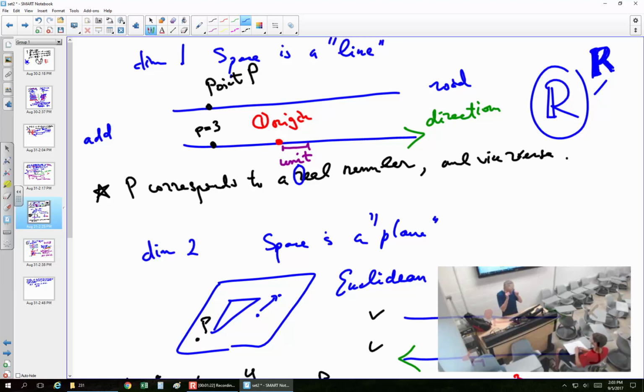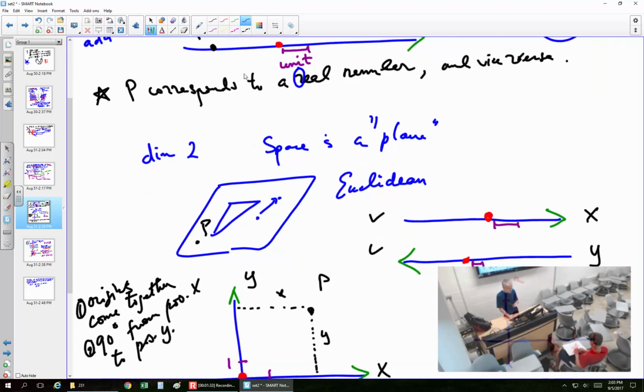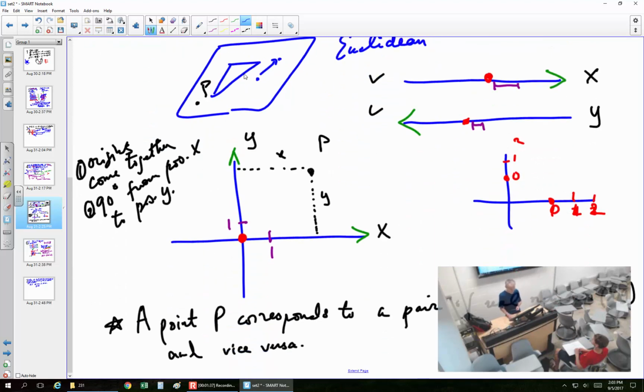So R stands for real numbers, and as you proceed to higher dimensions, there's a plane, and every location on the plane is associated with a pair of real numbers. That's why we use the notation R2. So the plane is R2.